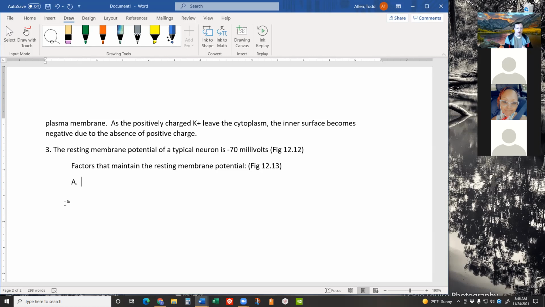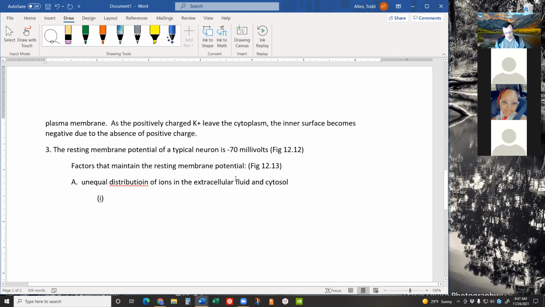All right, so the unequal distribution of ions in the extracellular fluid and cytosol. The extracellular fluid, the ECF, I'm going to abbreviate it that way just for note taking, is abundant in sodium ions and chloride ions.